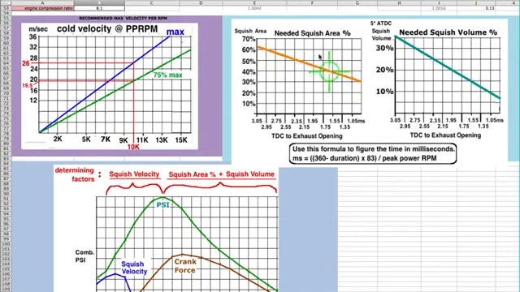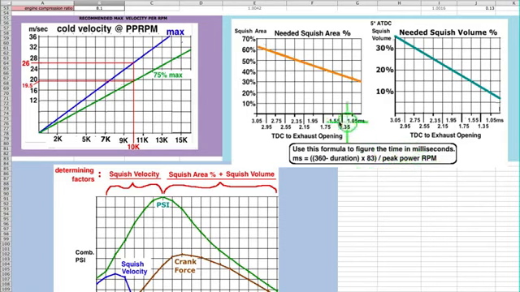This is a ballpark figure. What's more specific is the velocity and the squish volume, even though this chart doesn't compensate for the engine compression. With this scale right here, you have to use this formula right here: 360 minus the exhaust port duration times 83, and then divided by the peak power RPM.